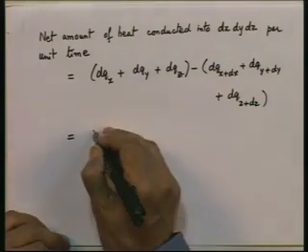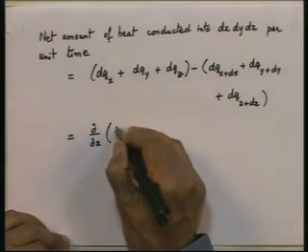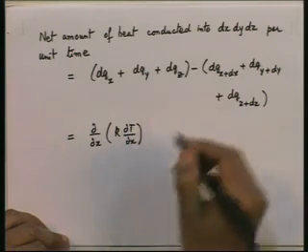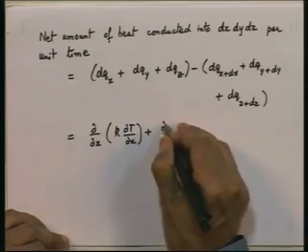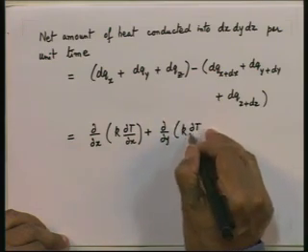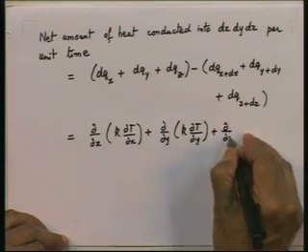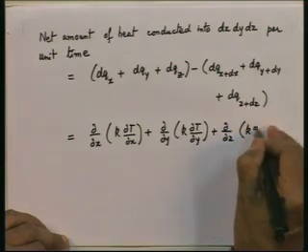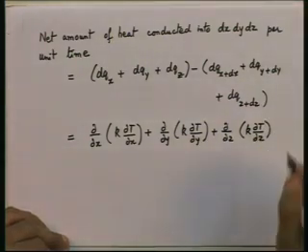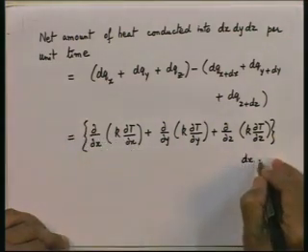we will get this is equal to, putting in those expressions and cancelling out, we get d dx of k dt dx plus d dy of k dt dy plus d dz of k dt dz, the whole thing multiplied by dx dy dz.